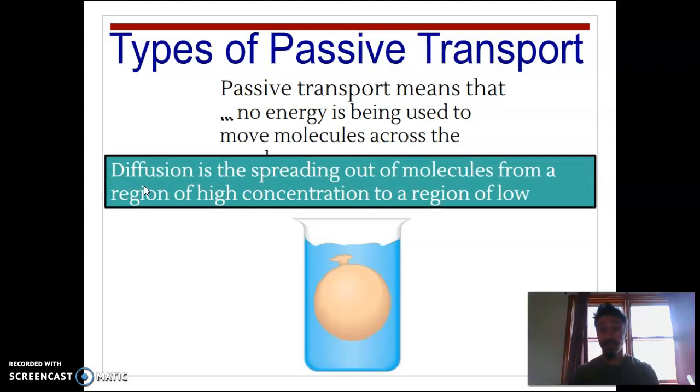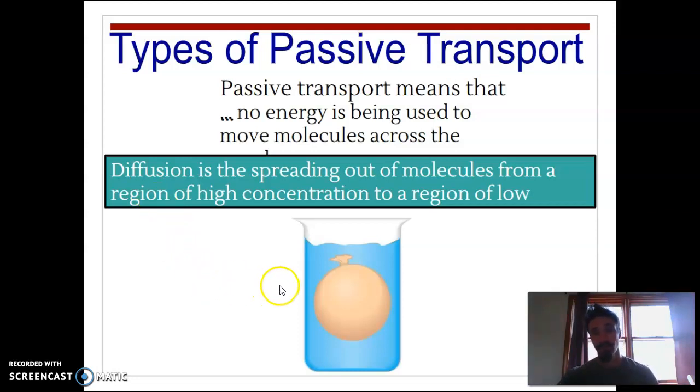And ultimately, the specific kind of passive transport, because there are kinds of passive transport, we call diffusion, or the spreading out of molecules from an area of high to low concentration. So some molecules can just naturally, with no energy needed, diffuse from an area of high to low concentration right through the cell membrane and into the cell.